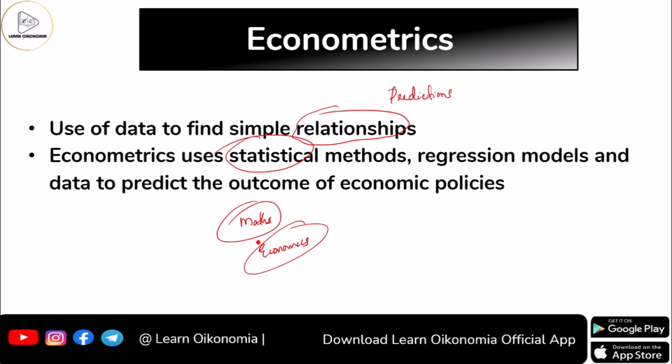So it's a mix of these. It uses several models. It uses correlation and regressions. When it comes to correlation, it is used to find the relationship or association between the variables, but regression is something that is used to find out the dependency of one variable on others, and this is also used to predict the outcome of some economic policies that we have.